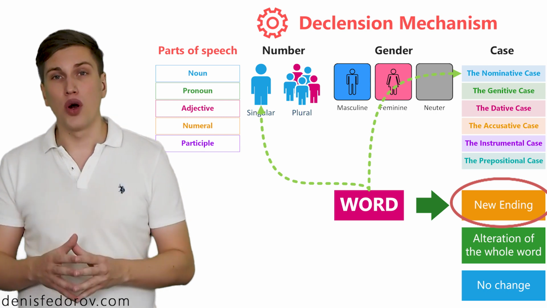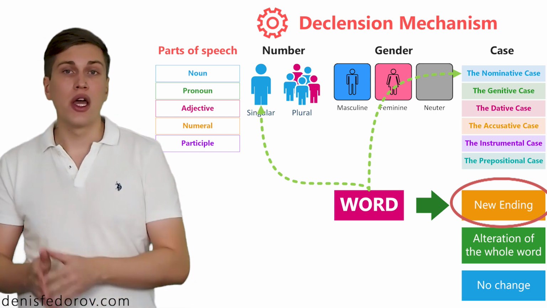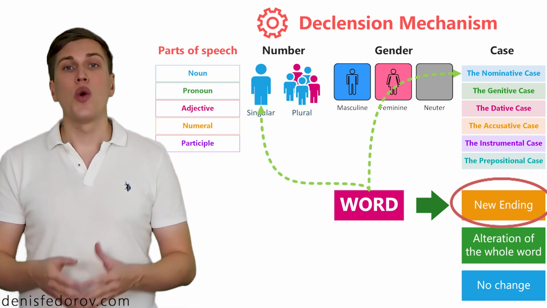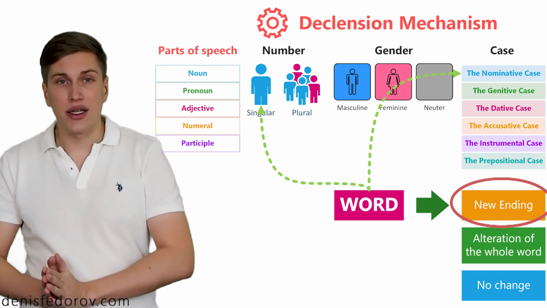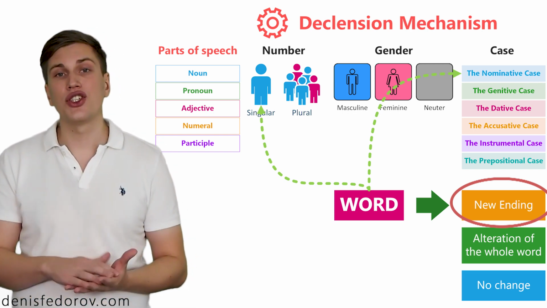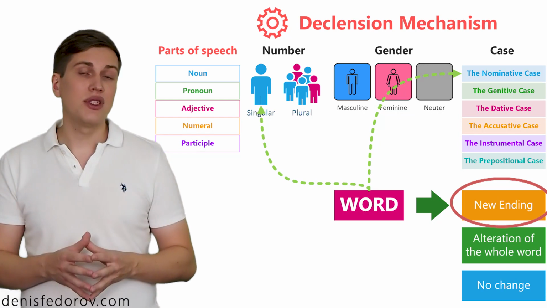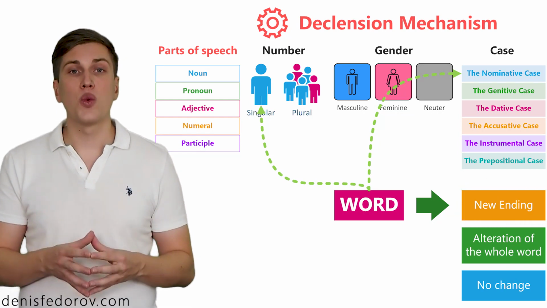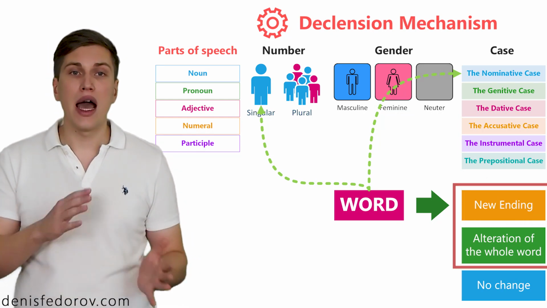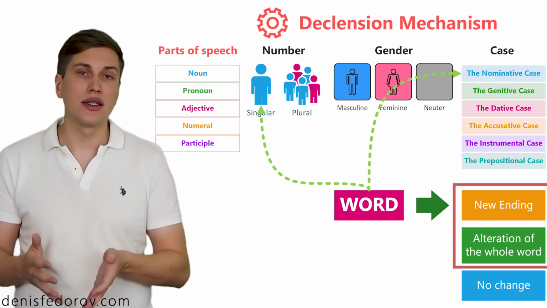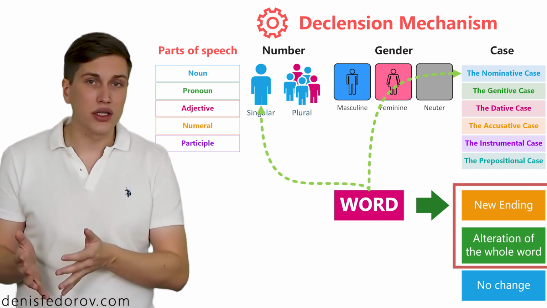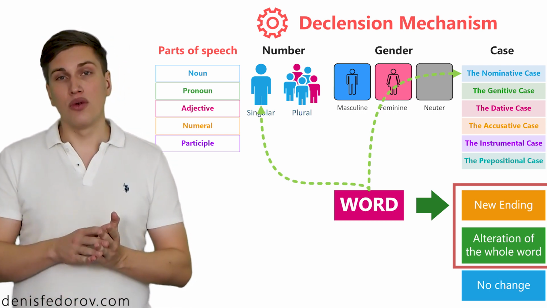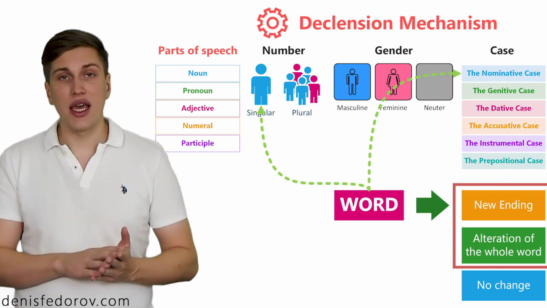When you change a form from singular to plural, you also change endings. When changing gender, you change endings. So basically, declension is changing endings. But sometimes it can also be a transformation of the word in a way like English: I, me, my, mine, we, us, our, ours. But for most words, declension is still changing endings.